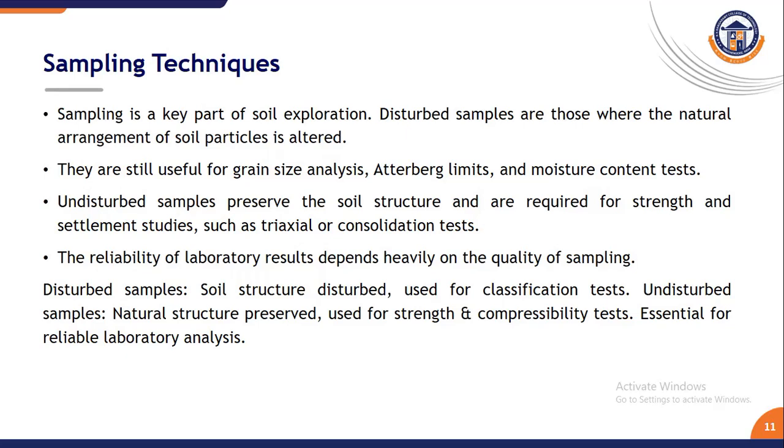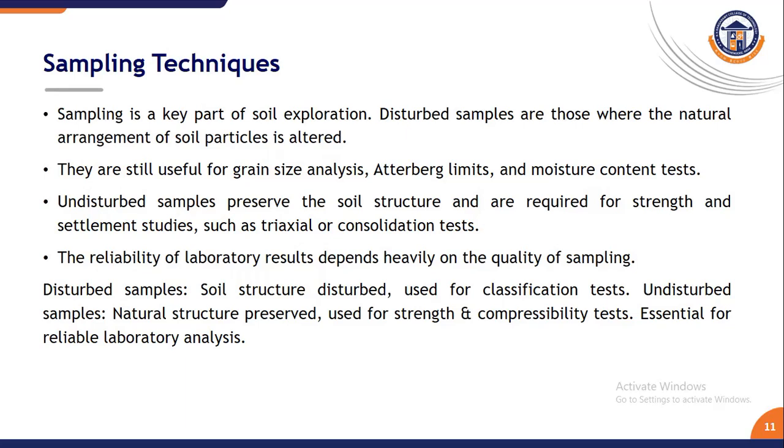In undisturbed samples, the natural soil structure is preserved. These are needed for advanced strength and compressibility tests like the triaxial test or consolidation test. So the quality of sampling directly affects the reliability of the laboratory results.